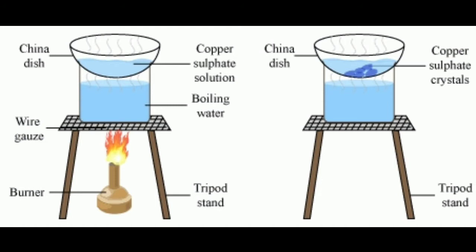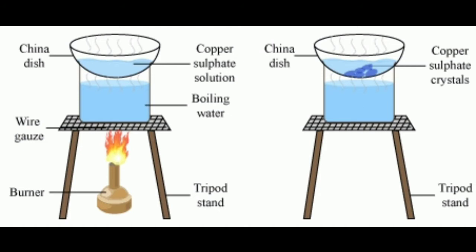Third one, direct heating or evaporation does not give crystals, we only get a solid residue in the dish. Okay, so these are the three points which give why crystallization is better than evaporation. The main applications of crystallization are purification of salt that we get from seawater, then separation of crystals of alum from impure samples.